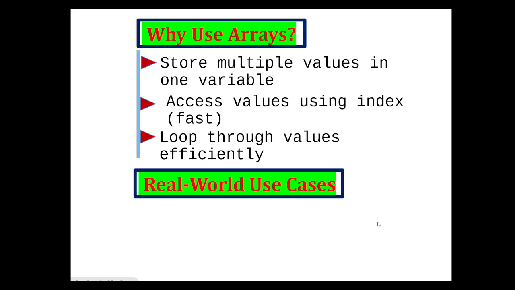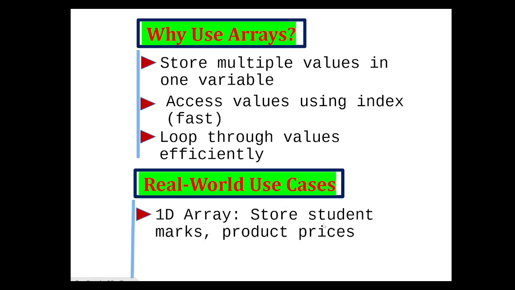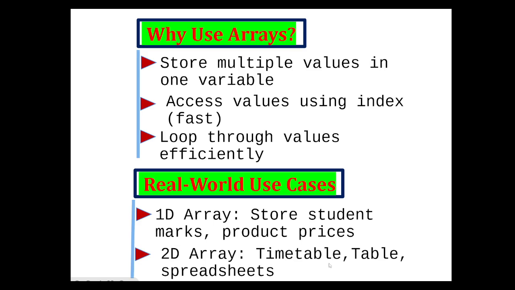What are the real-world use cases for arrays? For a one-dimensional array we can store student marks or product prices, whereas for a two-dimensional array we can create a timetable, table or spreadsheet. These are some practical examples where we can use one-dimensional and two-dimensional arrays.